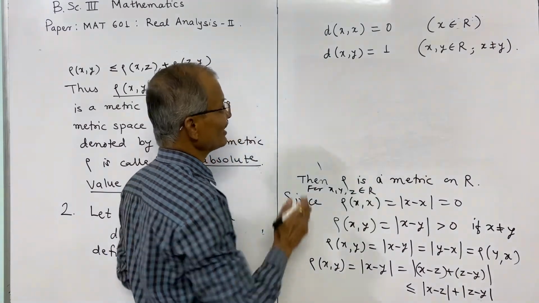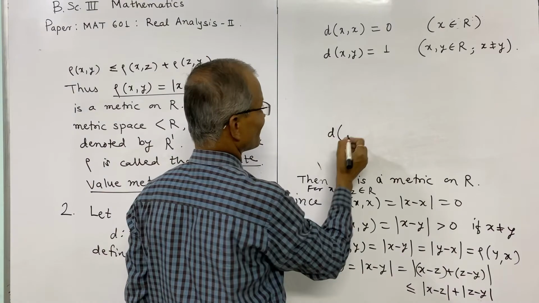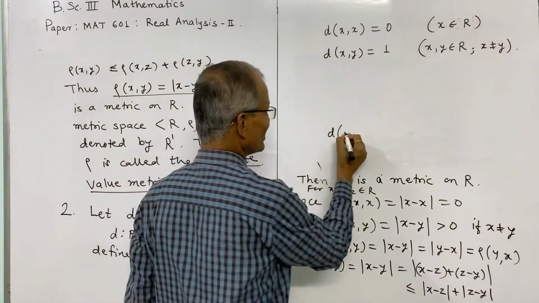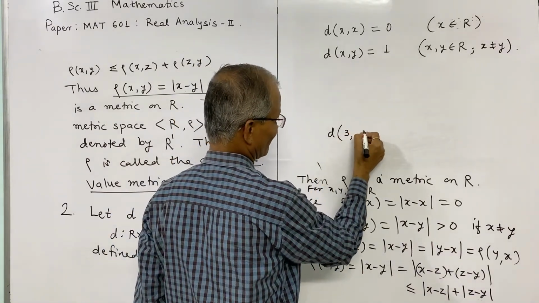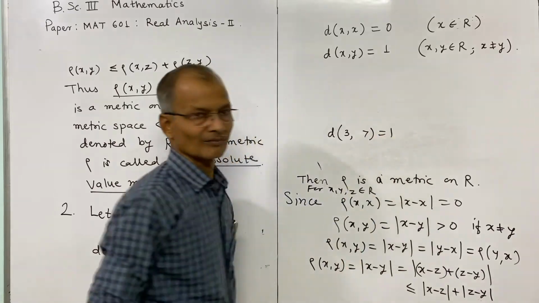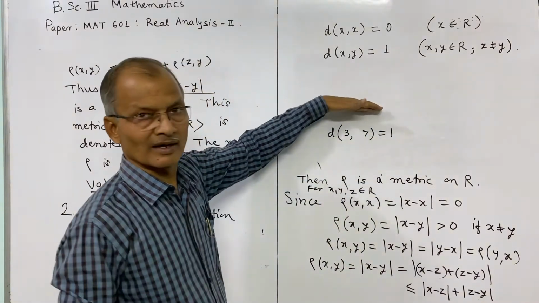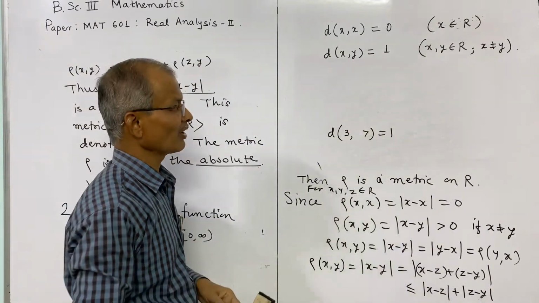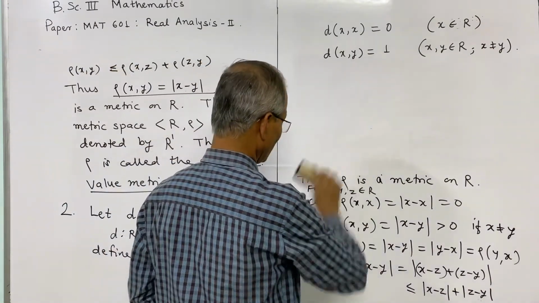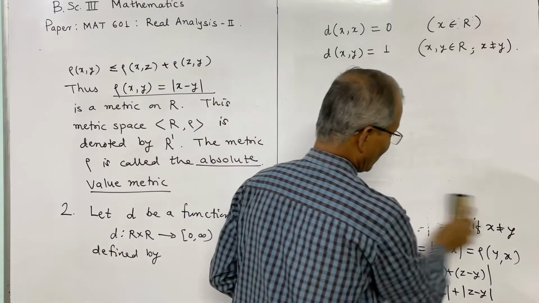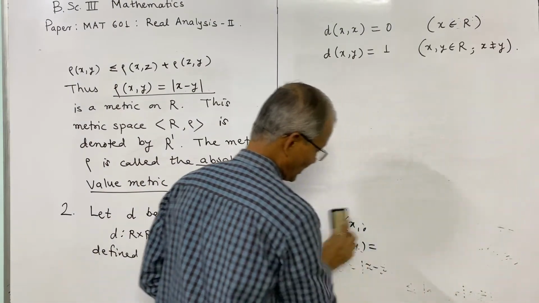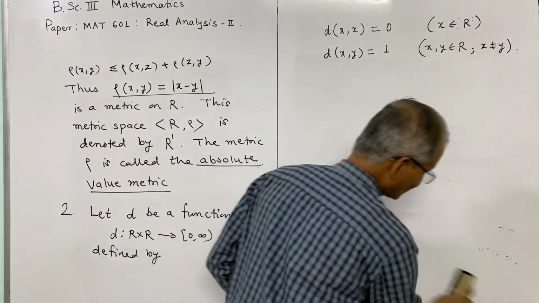So if x and y are real numbers, D of say 3 and 7 is 1, because 3 is not equal to 7. Distance between two distinct points is defined to be 1. So by definition. And then this D is a metric that we shall verify.